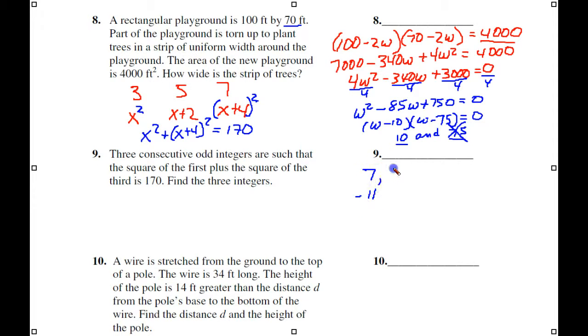So 7, 9, 11, and this will be a negative 11, a negative 9, and a negative 7. Both of these sets of answers result in solutions of this equation.